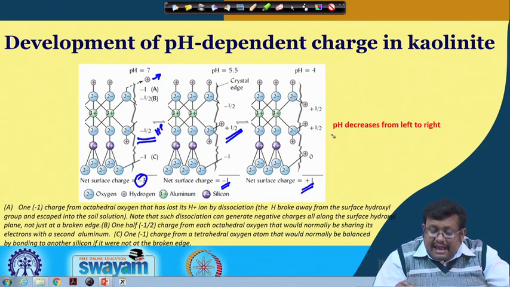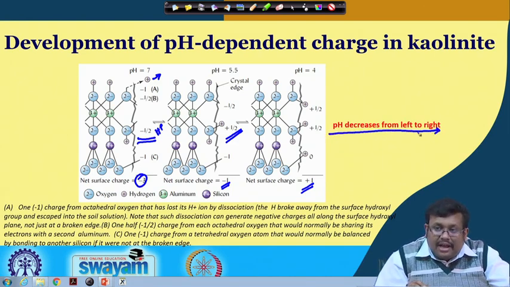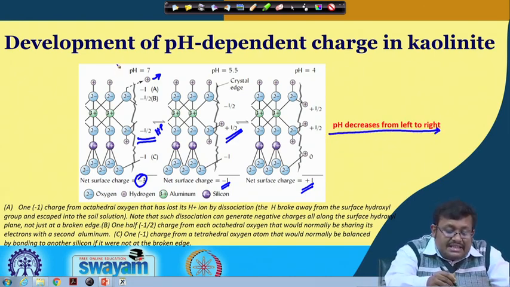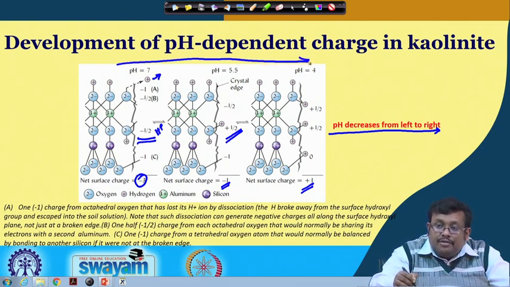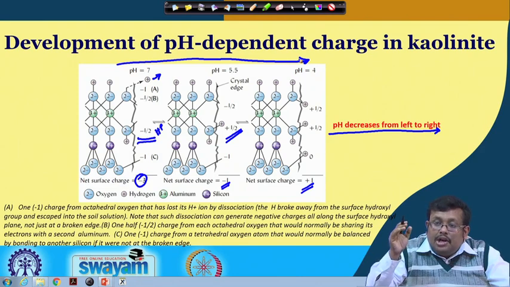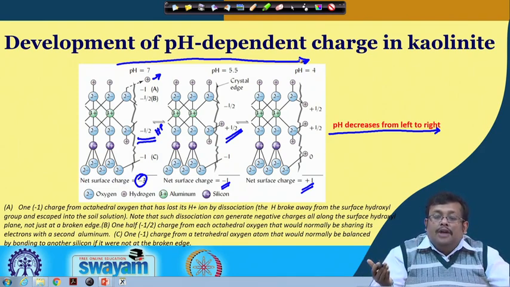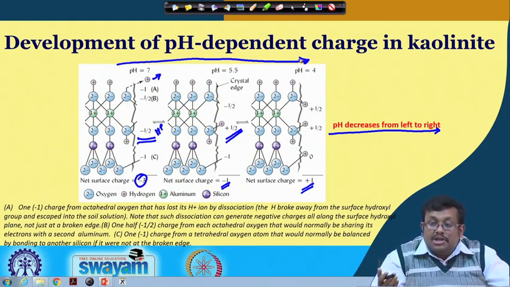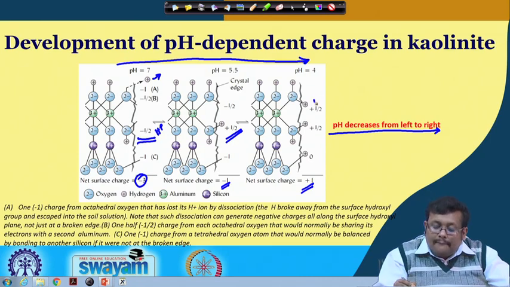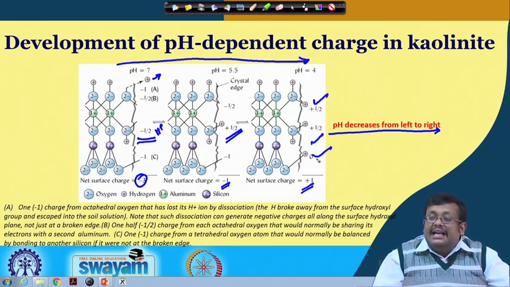So, you can see here pH is decreasing from left to right. That means in lower pH condition there will be higher dominance of H plus, and higher dominance of H plus will produce more positive charges at the edges.